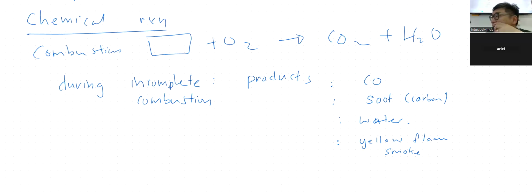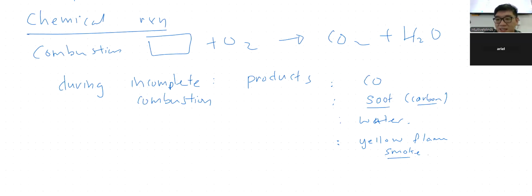Do you burn incense paper during the seventh month? If you notice people doing that, there's a lot of black smoke coming out. The reason why there's smoke is because there's soot.